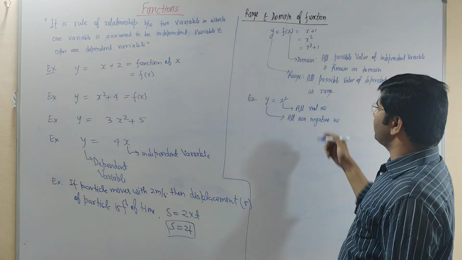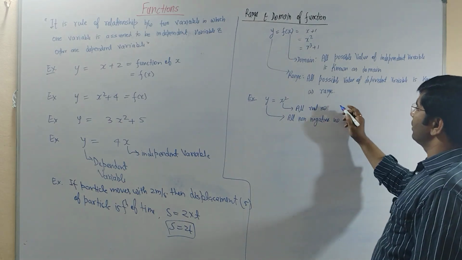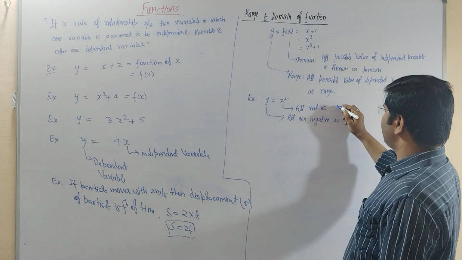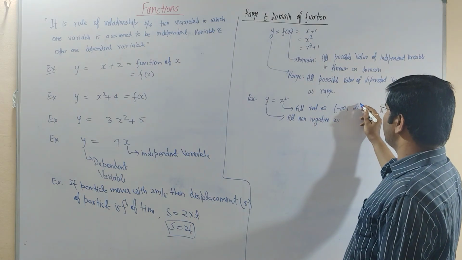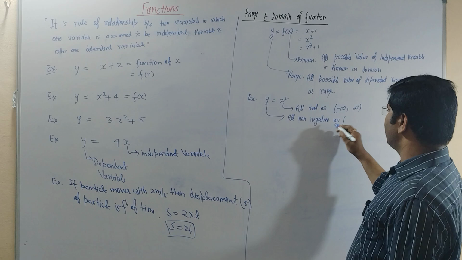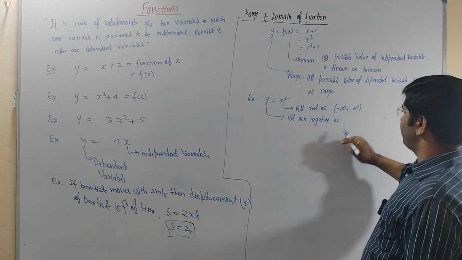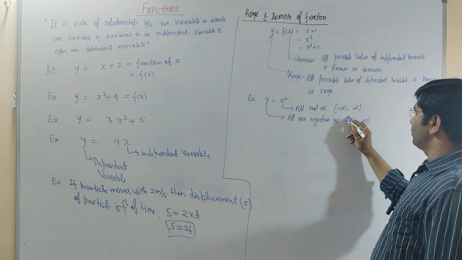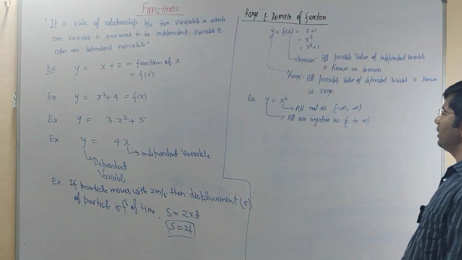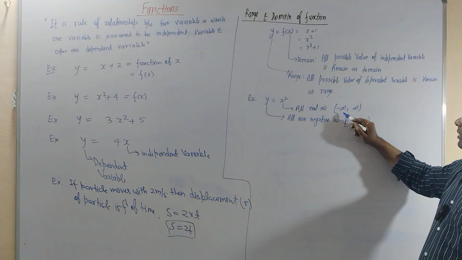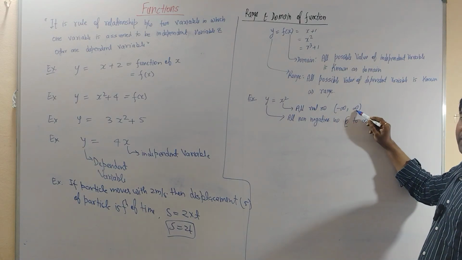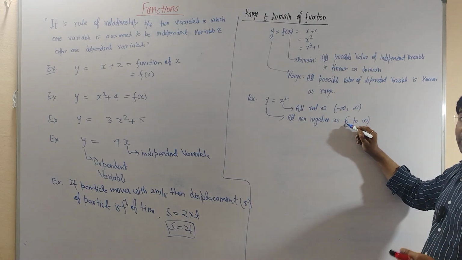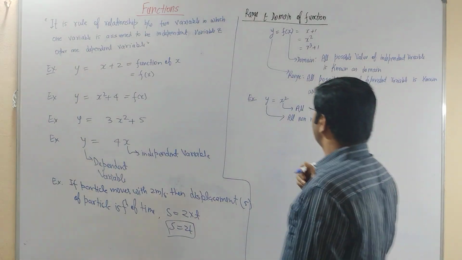That means x can be anything, but y cannot be anything. So the range will be 0 to positive infinity. This round bracket means this one is excluded, and this square bracket means this one is included. So this is how it is defined.